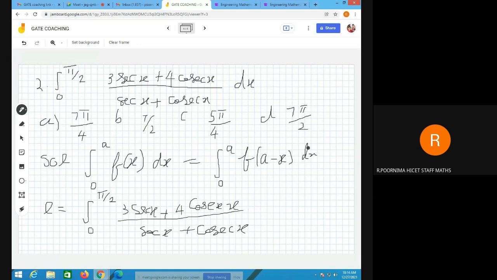Next, for the right hand side term of the property, again you assign L to that term. Here you have to replace x with a minus x, which is the given property. We need to replace x with pi by 2 minus x, because in this question a is pi by 2.